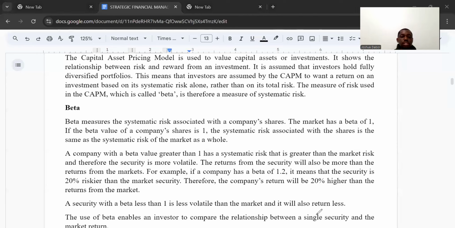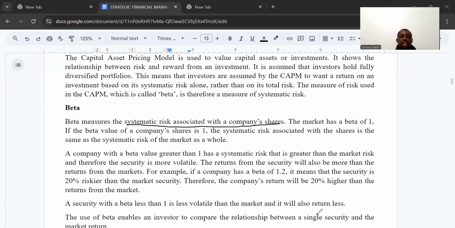So take this: systematic risk associated with a company's share. The market has a beta of 1. If the beta value of a company's share is 1, the systematic risk associated with the share is the same as what is in the market or the market as a whole.